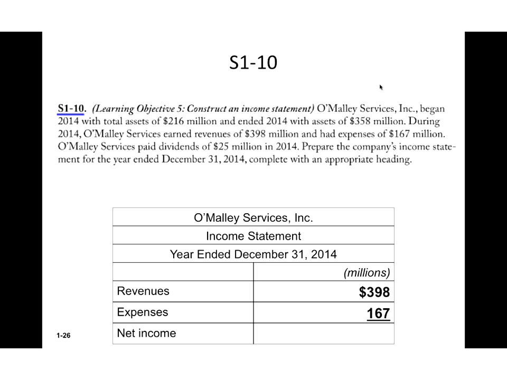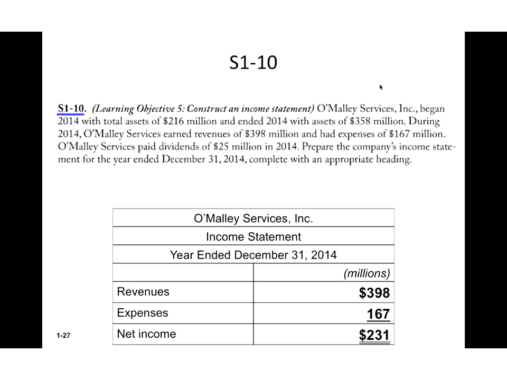So here we have revenues minus expenses. We're going to take 398 and subtract 167. That single underline says we're doing a mathematical operation on all the numbers above it. So we're taking 398 minus 167, and then we get 231.